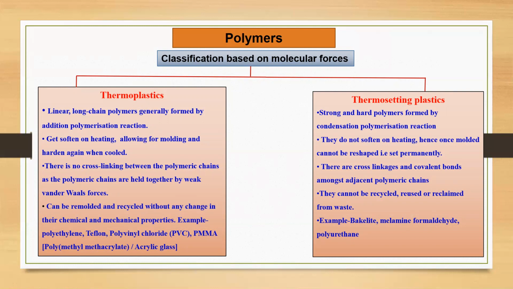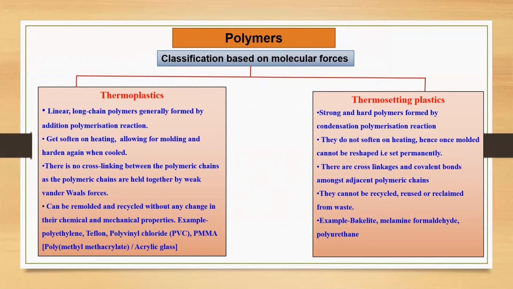There is no cross-linking between the polymeric chains, as the polymeric chains are held together by weak van der Waals forces. And this is the reason that they get softened on heating and they can be molded and used again and again.